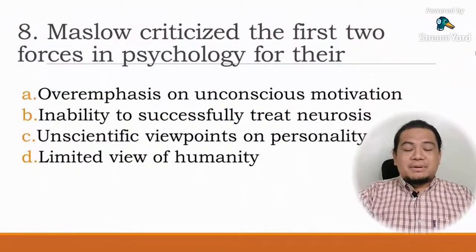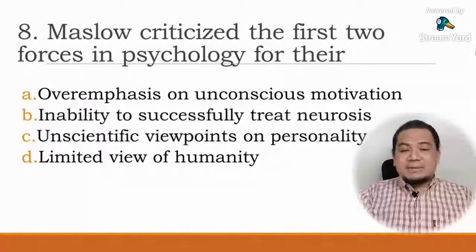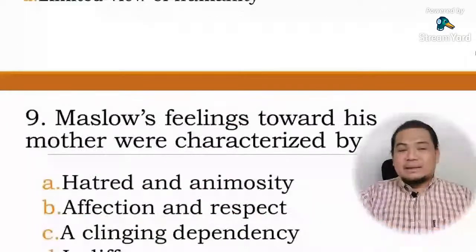Number 8. Maslow criticized the first two forces in psychology for their A, overemphasis on unconscious motivation, B, inability to successfully treat neurosis, C, unscientific viewpoints on personality, or D, limited view of humanity. Number 9.